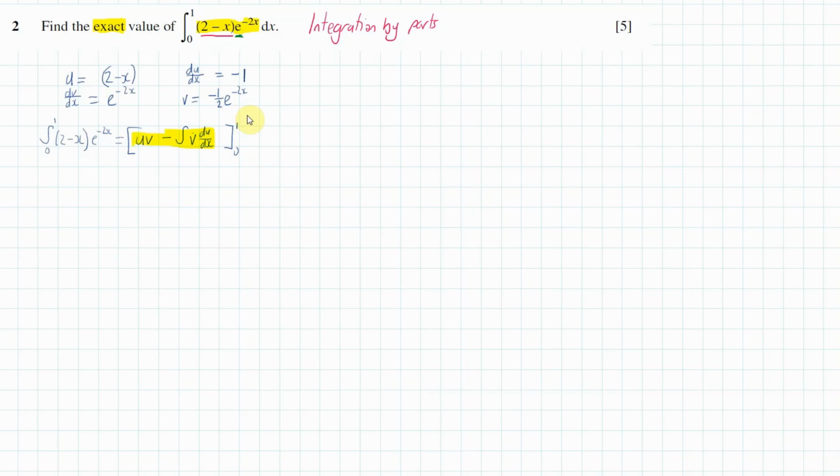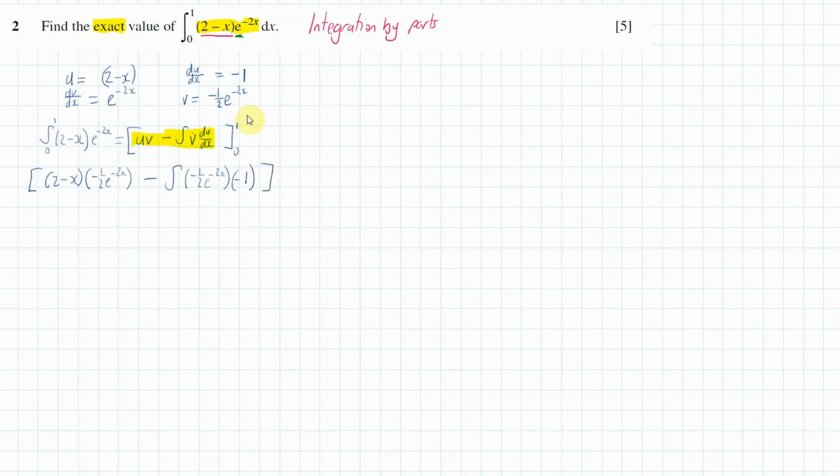So uv, u is 2 minus x, and we're going to times that by v, which is minus 1/2 e to the minus 2x. Then we're subtracting, and we're going to differentiate v, which is minus 1/2 e to the minus 2x, and that's into minus 1.